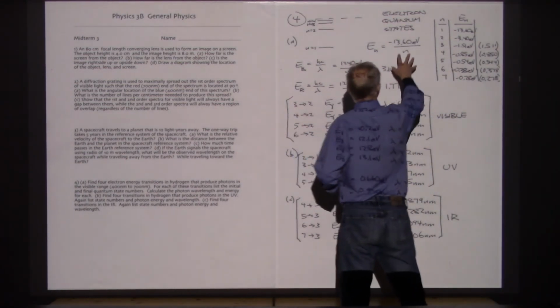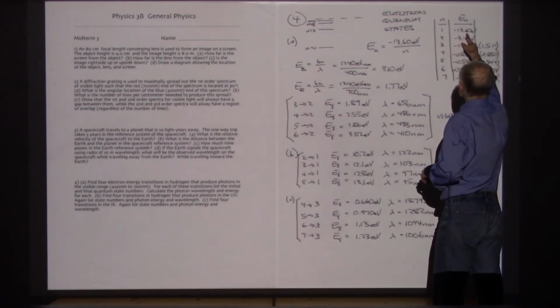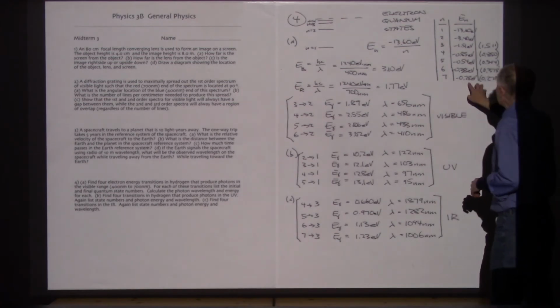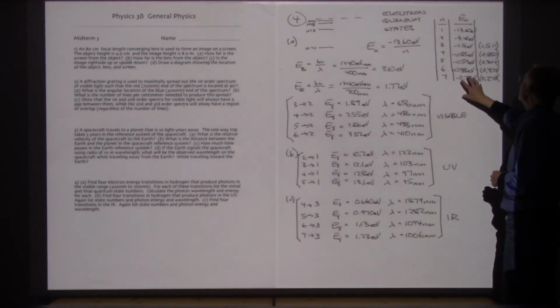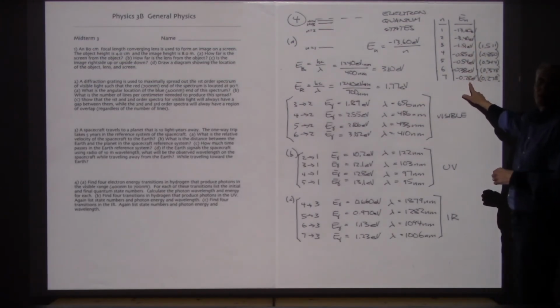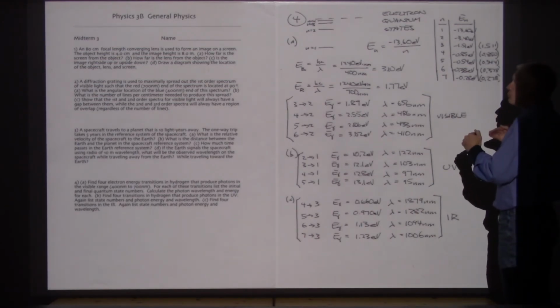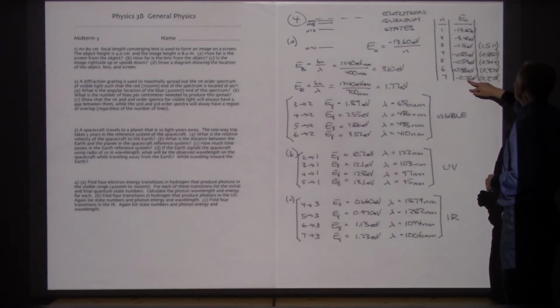In any case, these are the energies I wrote down from 1 through 7. So these are the different possible binding energies of the electron in atomic hydrogen. Individual atoms, not H2 molecules, but individual atoms of hydrogen. These are the possible energies of the electron quantum states. The possible energies of photons come from all the different ways that these are paired together.